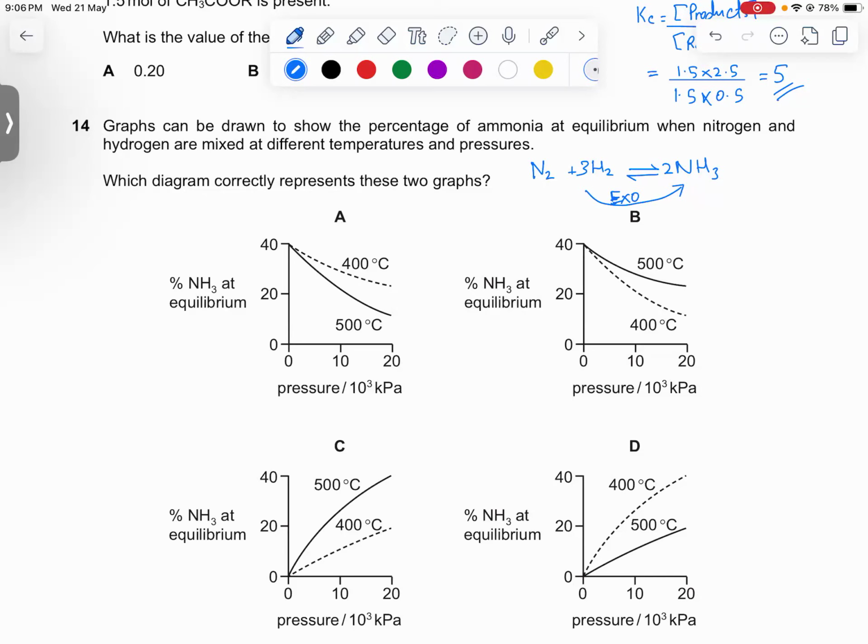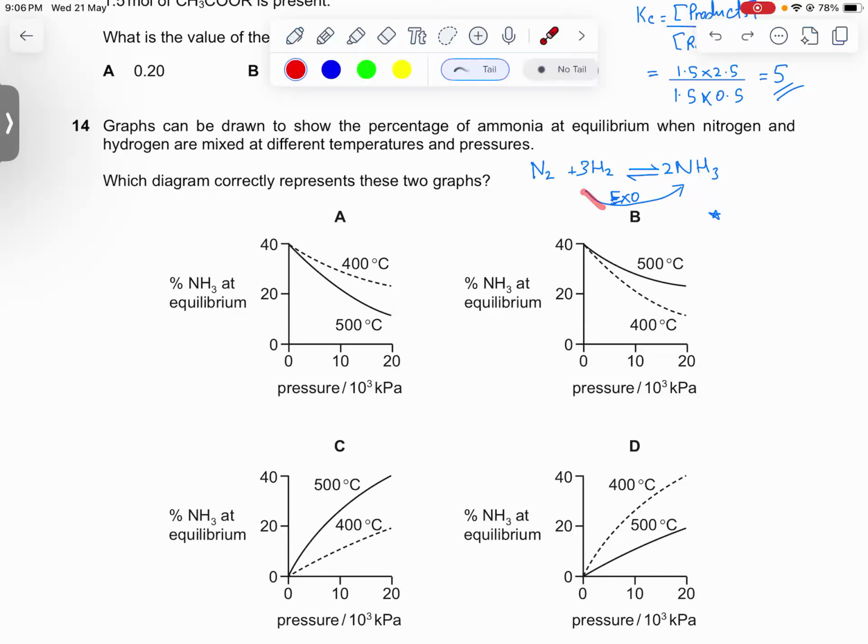And the other thing you should know, two things. Well, I'll write them as statements, because we don't have to write the whole Le Chatelier principle over here.